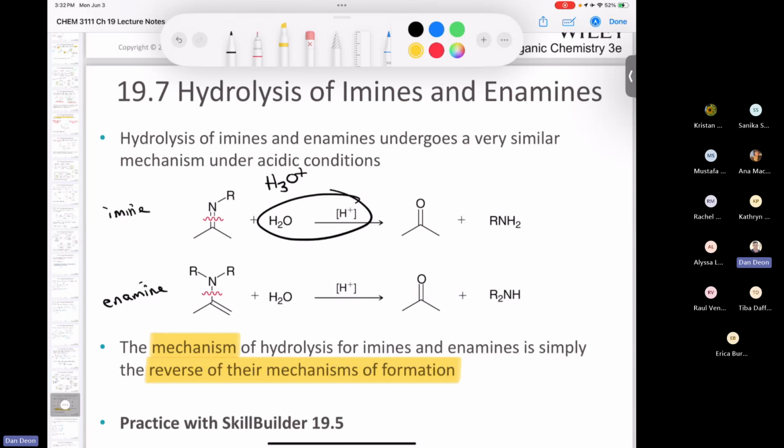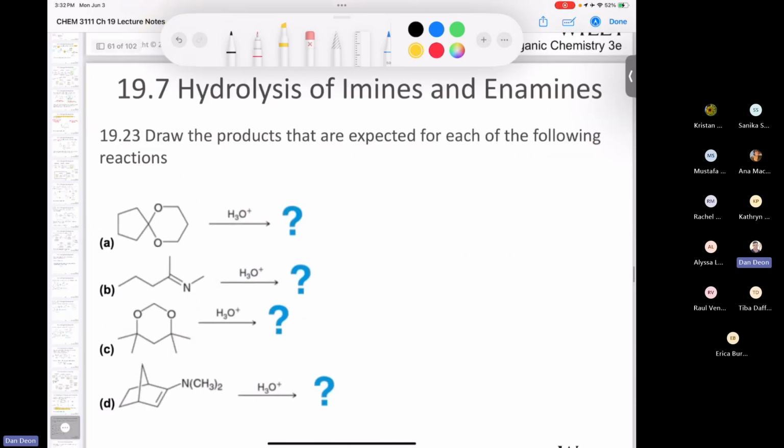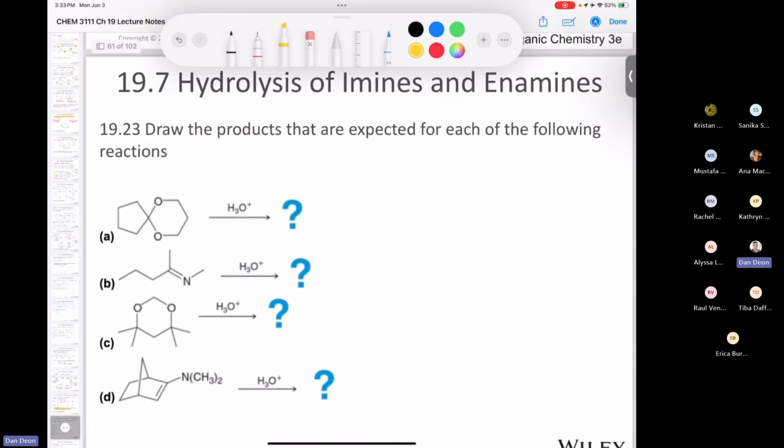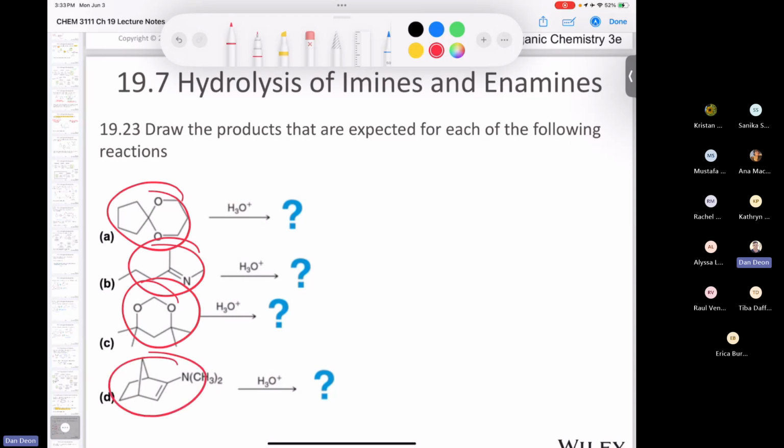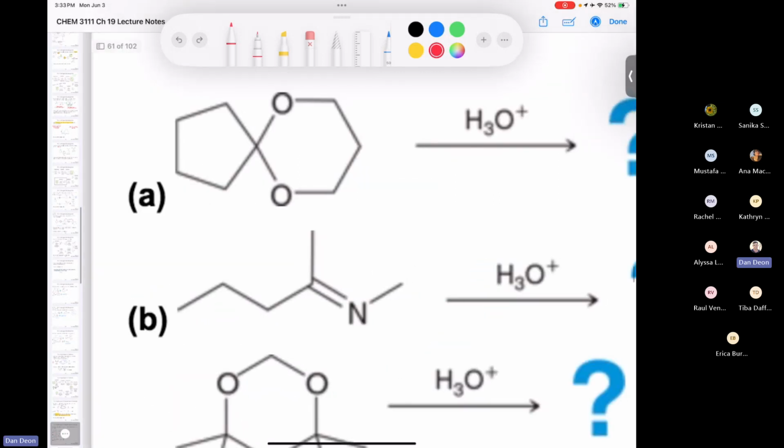So what we're going to do now is look at some hydrolysis. Here we have an acetal, here we have an imine or a Schiff base, here we have another acetal, and this is an enamine. So let's try the first couple. You can see that this is clearly an acetal because you have your carbon, oxygen, carbon, carbon, oxygen, carbon.